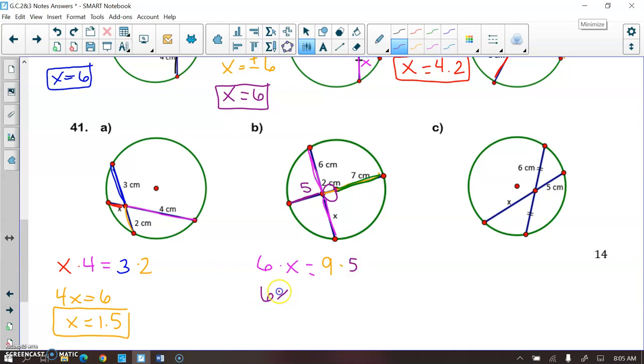So I have 6x is equal to 45. Dividing by 6 on both sides, I get x is equal to 7.5.